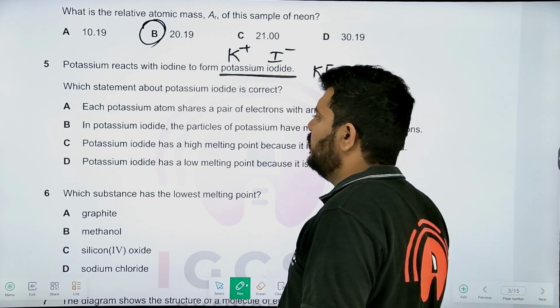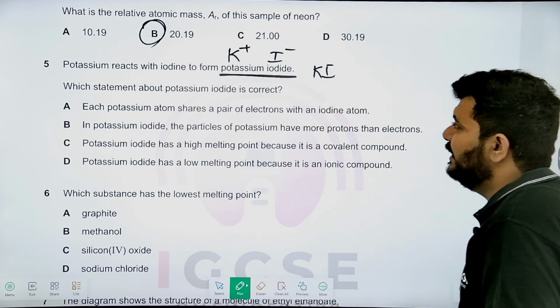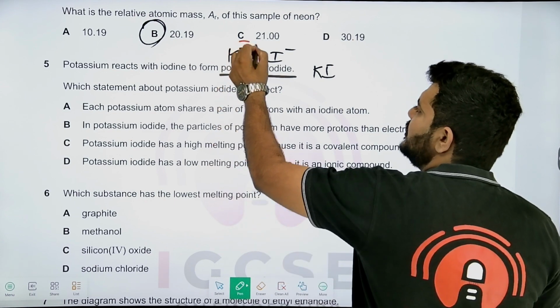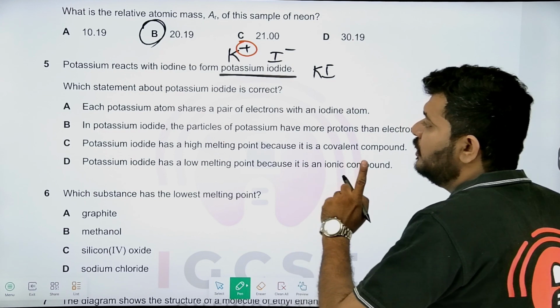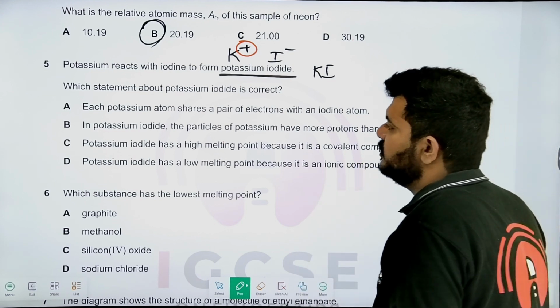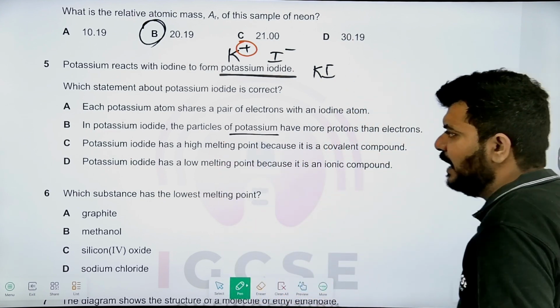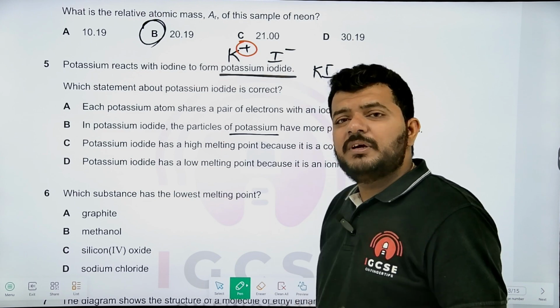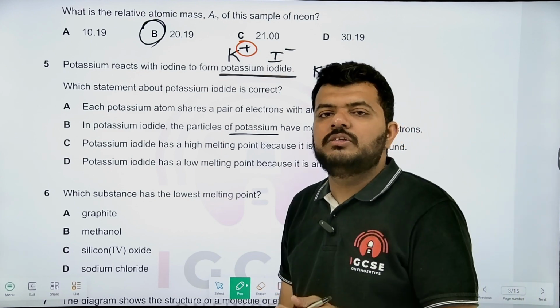In potassium iodide, the particles of potassium have more protons than electrons. It makes sense. See guys, if it has positive charge, it does have one proton more than the number of electrons. I think this is the correct answer, but as a general way of answering MCQs, you should read all the options.